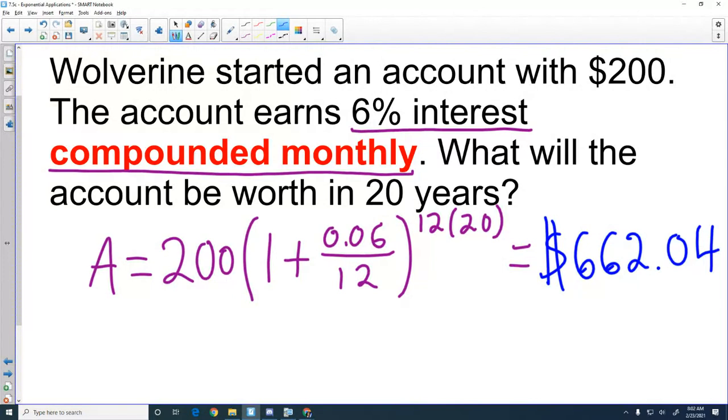Is everybody able to calculate this number in their calculator? Or were you able to figure it out? You got it? Everyone good? You couldn't? Okay, so try typing it in.